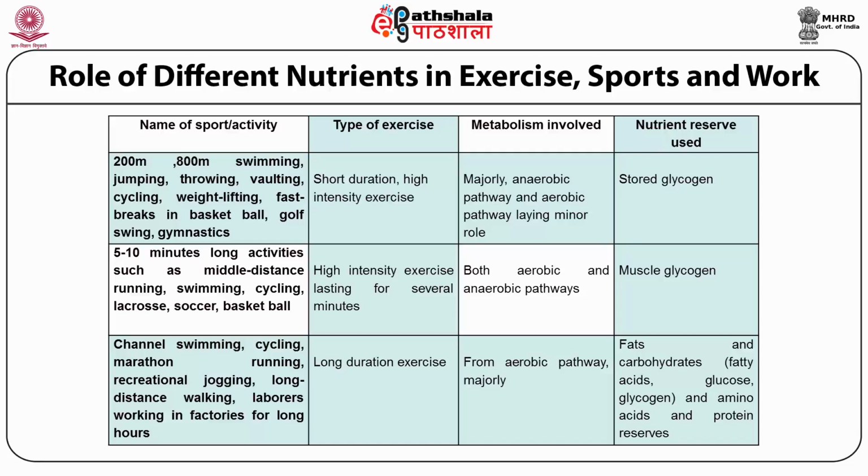For example, cycling is a short duration, high intensity exercise which majorly involves the anaerobic pathway and in a minor way the aerobic pathway, and it uses the stored glycogen in the body. Similarly, swimming is a high intensity exercise lasting several minutes and it uses both aerobic and anaerobic pathways, and the food stored used is the muscle glycogen.